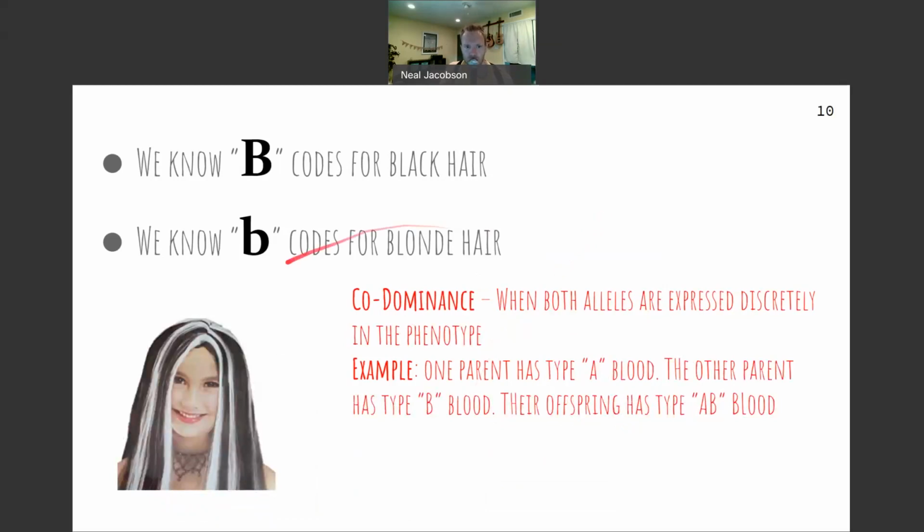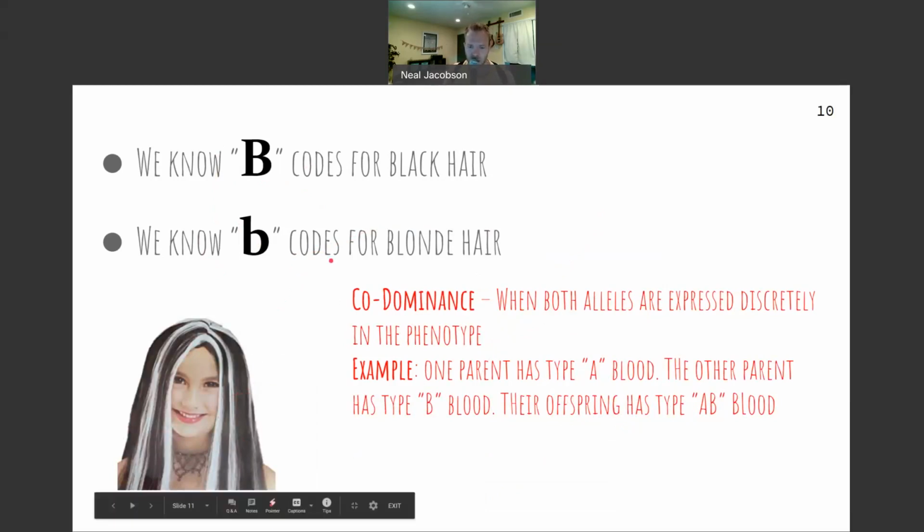All right. So what if the heterozygous genotype leads to both alleles being expressed discretely in the phenotype? By discretely, I mean I can see that one allele is coding for black hair, that allele is coding for blonde hair, and they're expressed in the same individual separate from one another. We see this in blood type a lot.